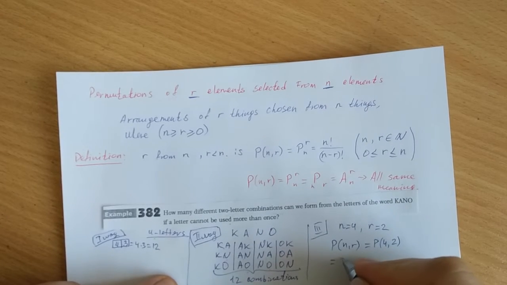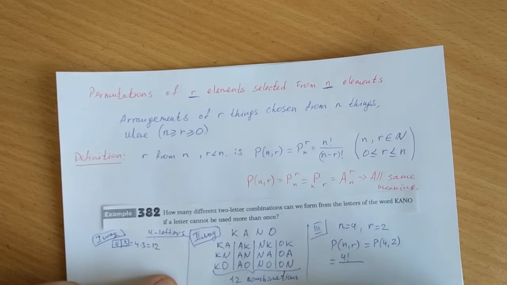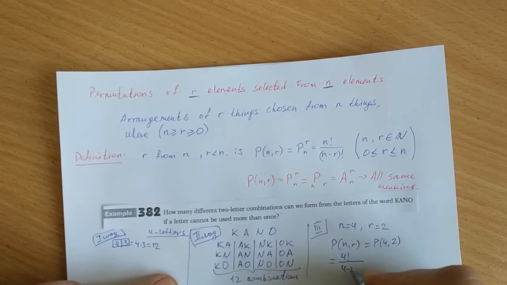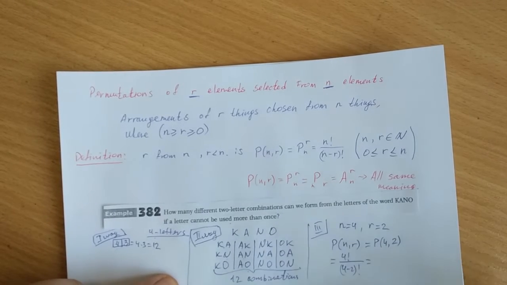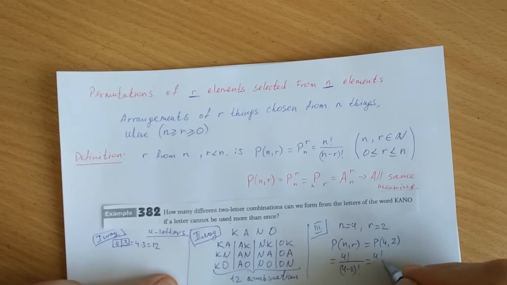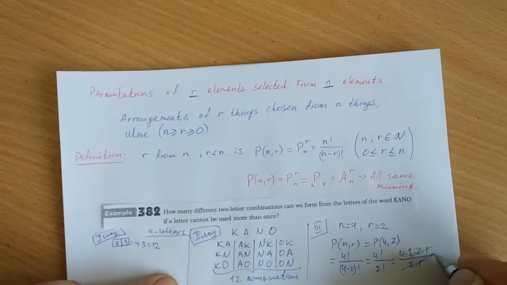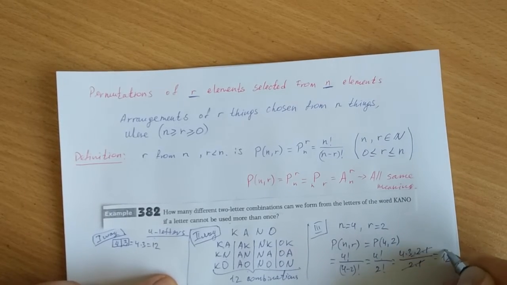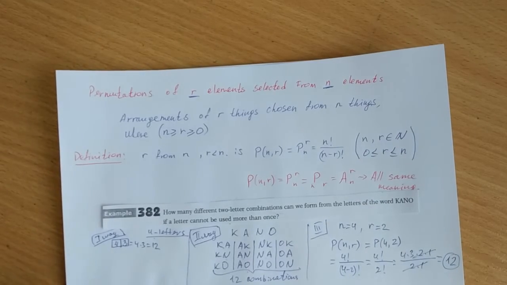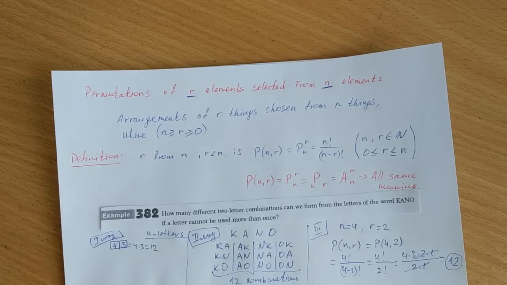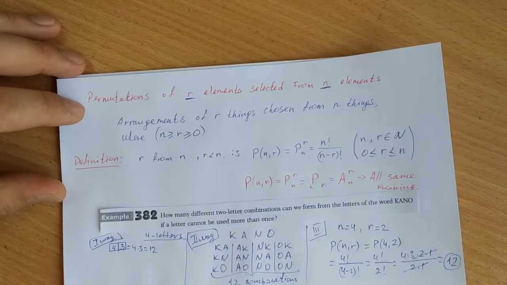It will be 4 factorial divided by 4 minus 2 factorial. What does it mean? 4 factorial divided by 4 minus 2, which is 2 factorial. Let me open this 4 factorial: 4 times 3 times 2 times 1, divided by 2 times 1. The 2 times 1 cancel each other. 4 times 3 will be 12. You see? We can solve it using 3 different ways.